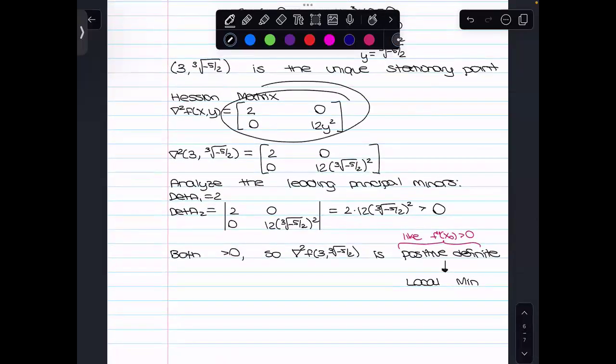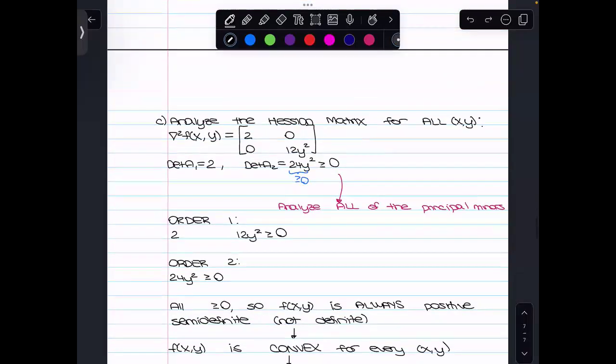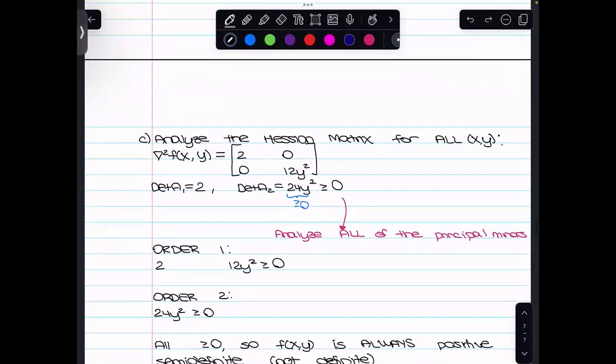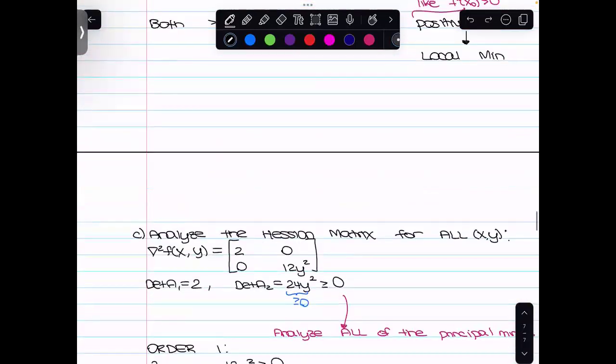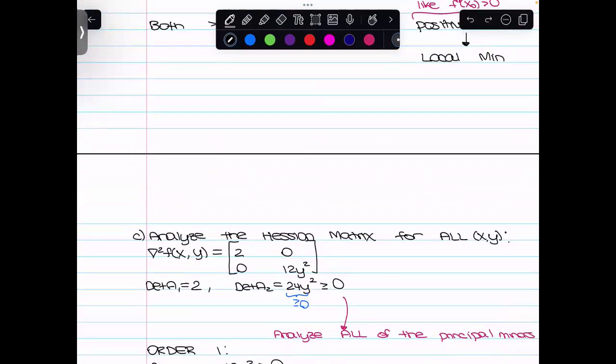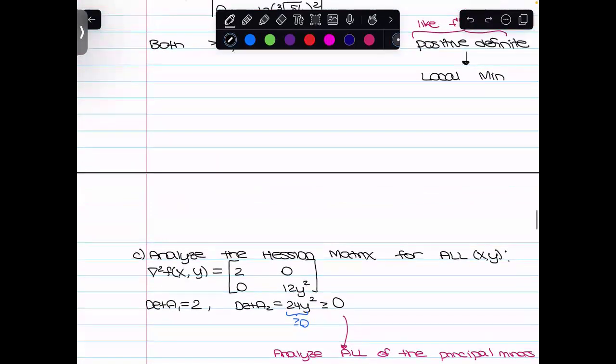So before you plug anything in, you start off looking at the leading principal minors again, because now we're trying to figure out if the function is convex or concave for all points, not just at that one point. And if you had gotten, for example, that these are both greater than 0, then you could already say that the Hessian matrix is positive definite, so the function is strictly convex.